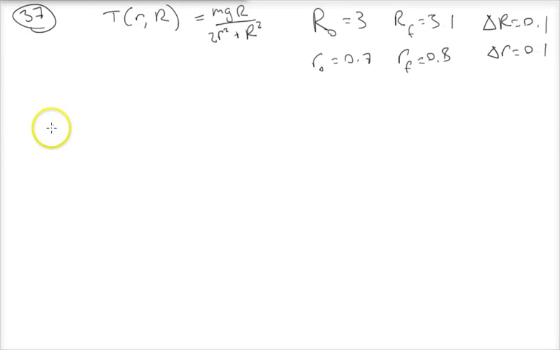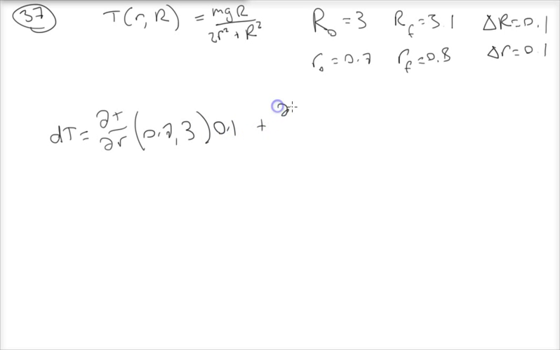Alright, so we're trying to find the total differential of T right here. In order to find that, we're going to need to find the partial derivative of big T with respect to little r at our initial points, so at 0.7 and 3, and then multiply that by the change in little r, which is going to be 0.1.